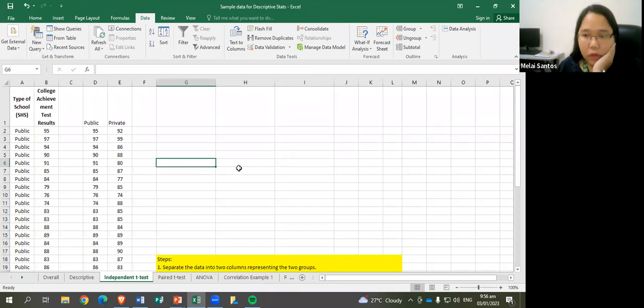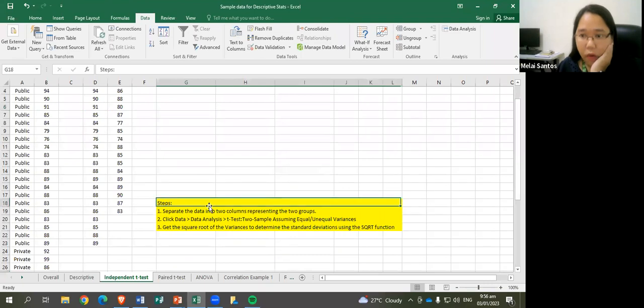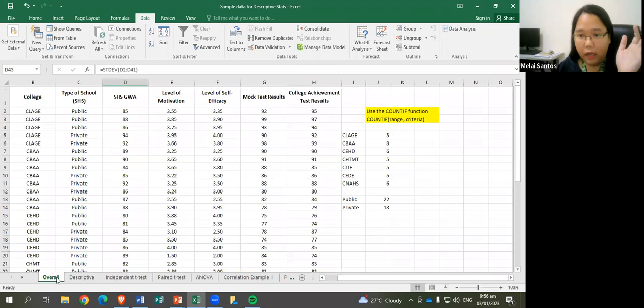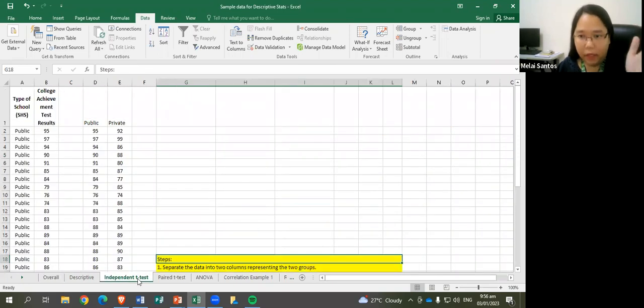In here already is how you are going to do that. But it's very important that you remember that all these things came from the overall file. It's just separated so that it's easier to look at. You separate them.